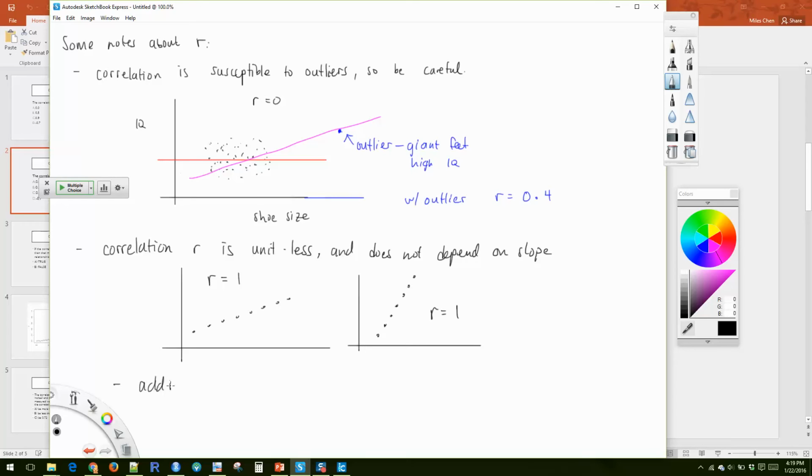Adding a constant, positive or negative, to the variable, or multiplying by a constant, will not affect the correlation.